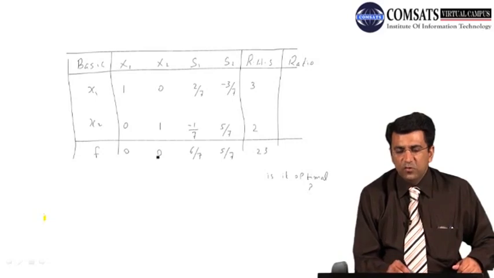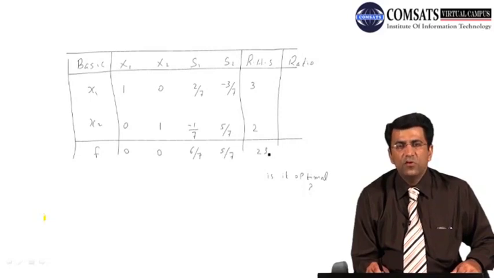So if we see the corresponding coefficients values in this particular row, that is the objective function row, then you can see that all the values are positive. There is not a single value which is negative. So this shows that this is our optimal table, and we can find out the optimal solution from this particular table.